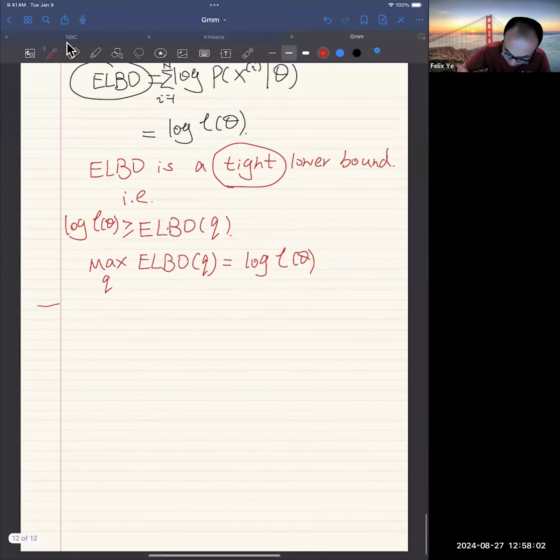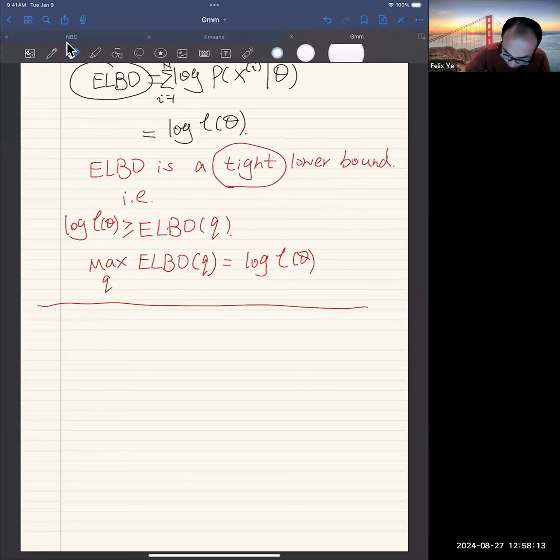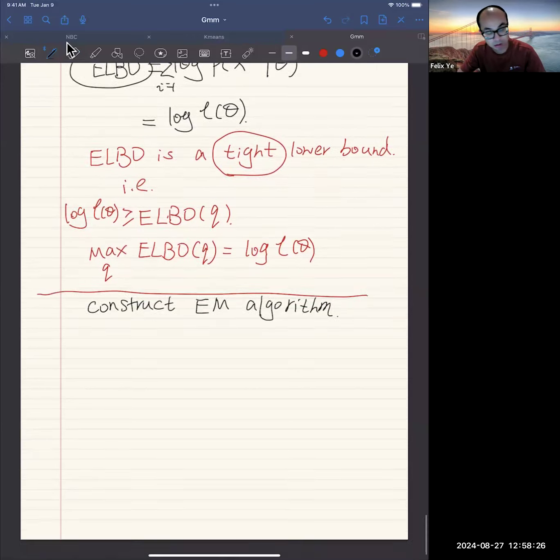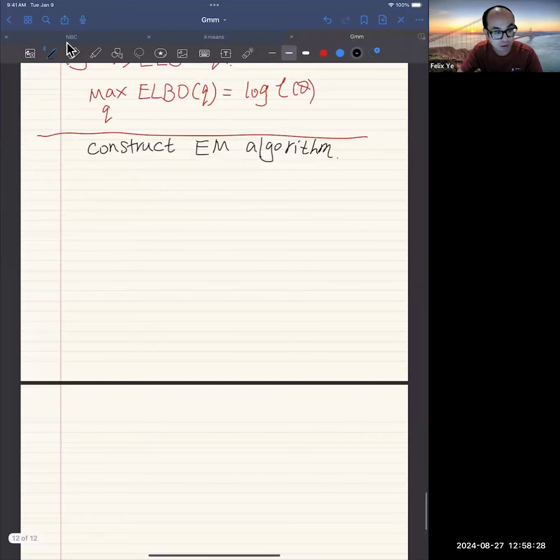We can use all this knowledge to construct the EM algorithm. The key here is that we need to update the thetas such that the log likelihood value is increasing.